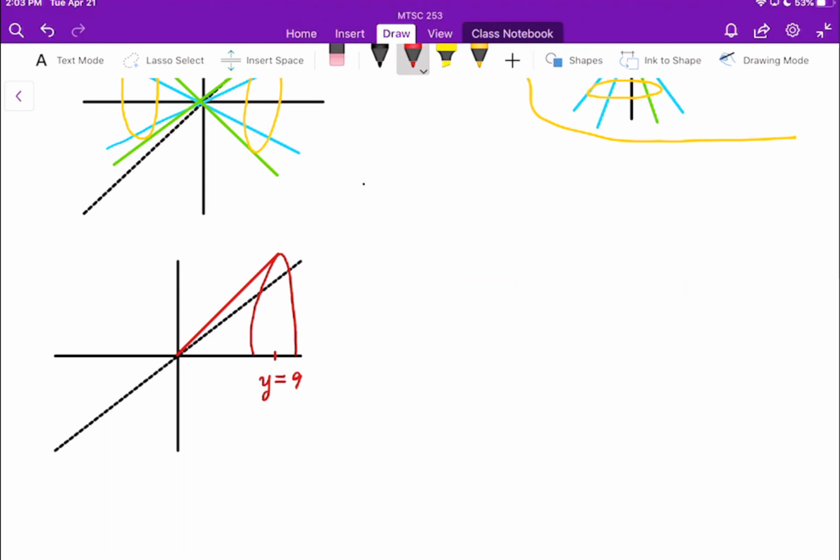So this is the region that they're talking about.